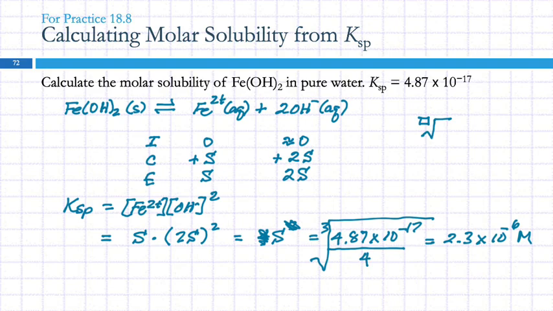What if you don't have a button like that? Raise it to the 1/3 power. The square root is something raised to the 1/2 power. The 5th root would be raised to the 1/5 power. So you can prove that to yourself if you like.